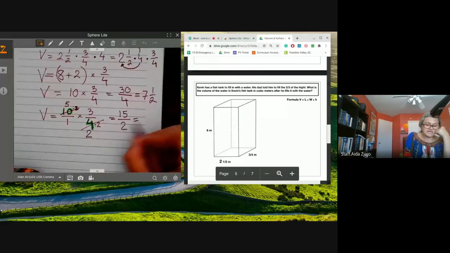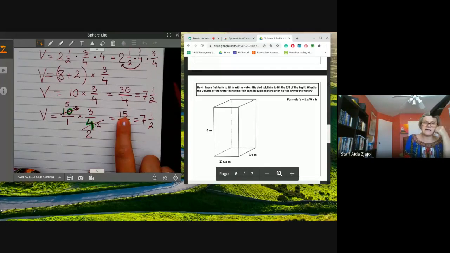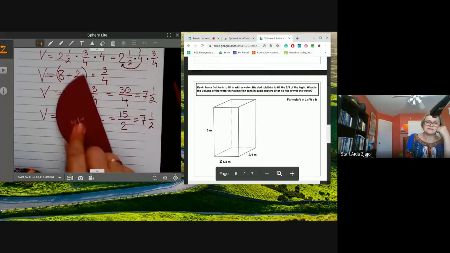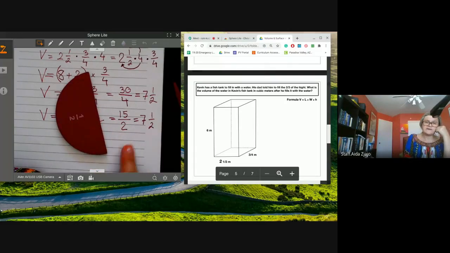because look, 2 times 7 is 14, and then I will have one half left, because if I have 15 halves, I can make 7 wholes from it, because 2 times 7 is 14. 14 halves will make 7 wholes, and then I will have 1 half left.